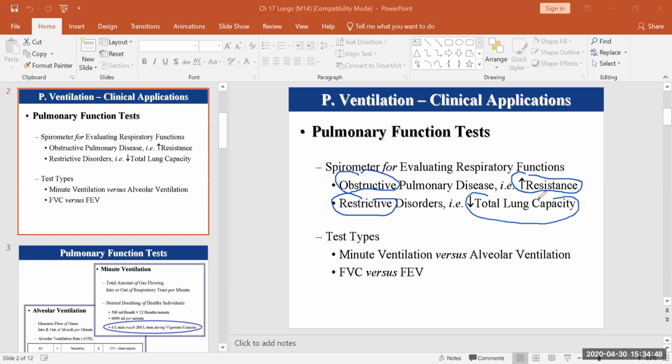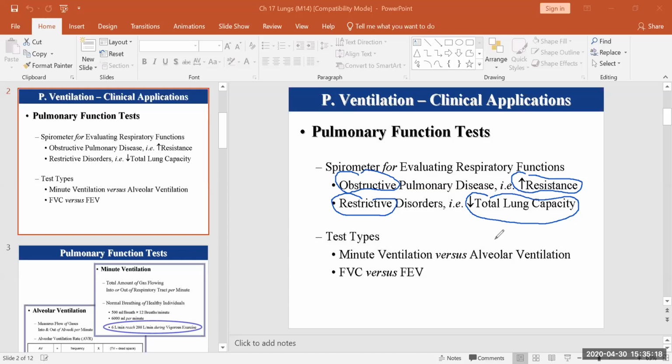So the total amount of air in the patient's lungs has been drastically reduced. For example, instead of having 6 liters of air, that patient contains around 3 to 4 liters of air. Okay? So the amount of air in the lungs is dropped by up to 50%.